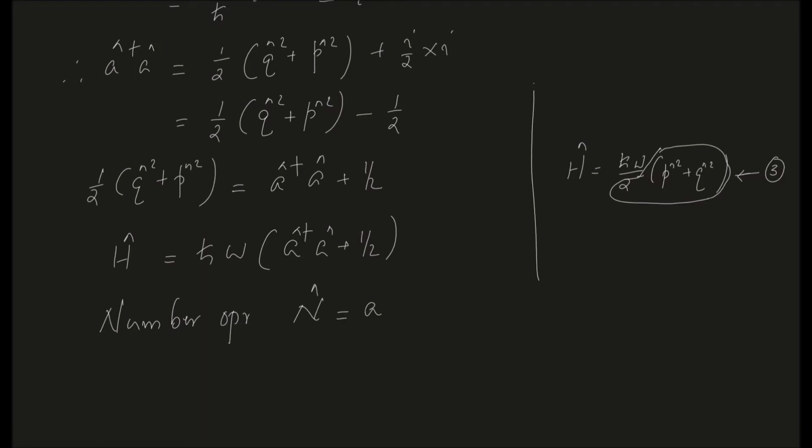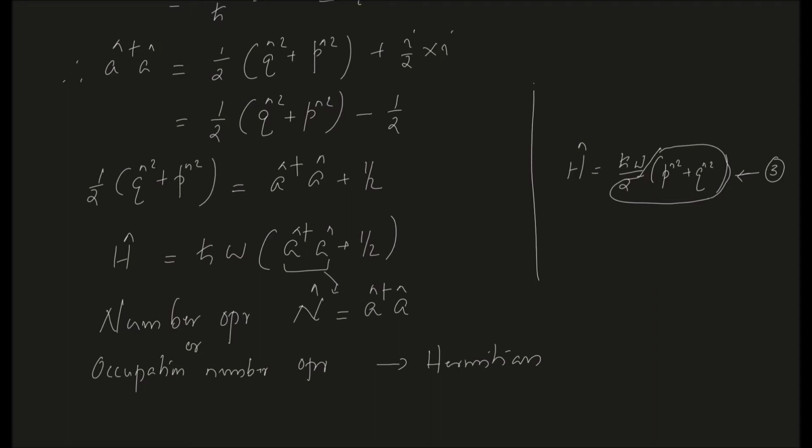Capital N, which is basically A dagger A, the product. So we are going to define this A dagger A, the product of these two operators, as another operator called the number operator, or sometimes the occupation number operator, and you can see that this is a Hermitian operator.